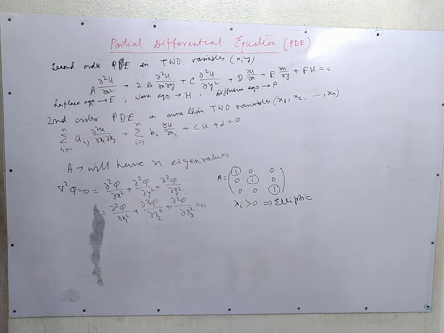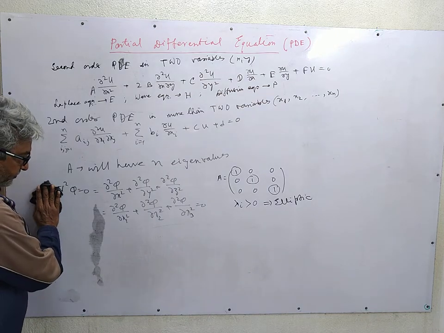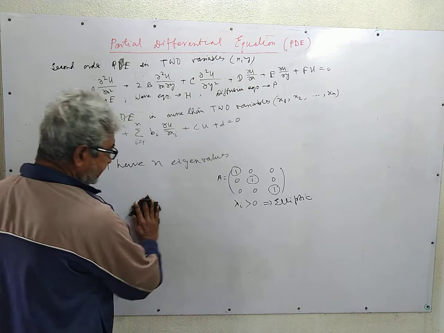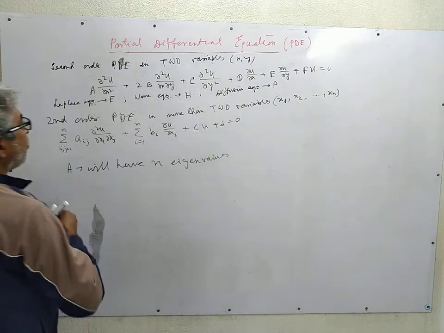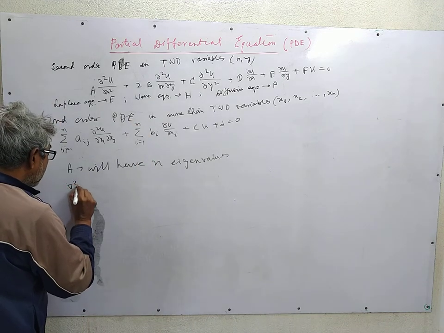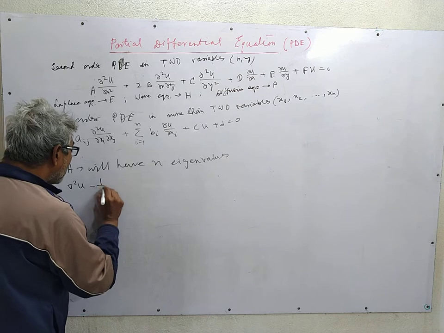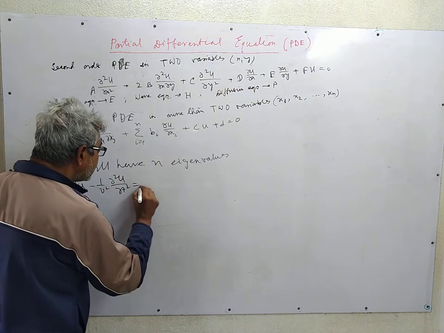Now we come to the wave equation. The wave equation is del 2u minus 1 by v square del 2u del t2 is equal to 0.